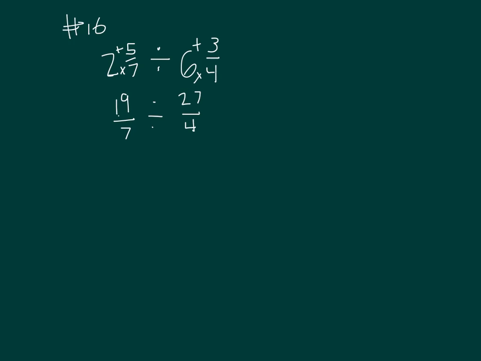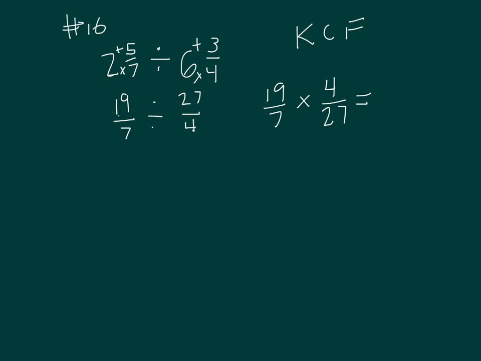Now, you never actually divide fractions. You may have heard about keep it, change it, flip it. You keep the 19/7, you change division to multiplication, and you flip the second fraction. So it looks like this now.